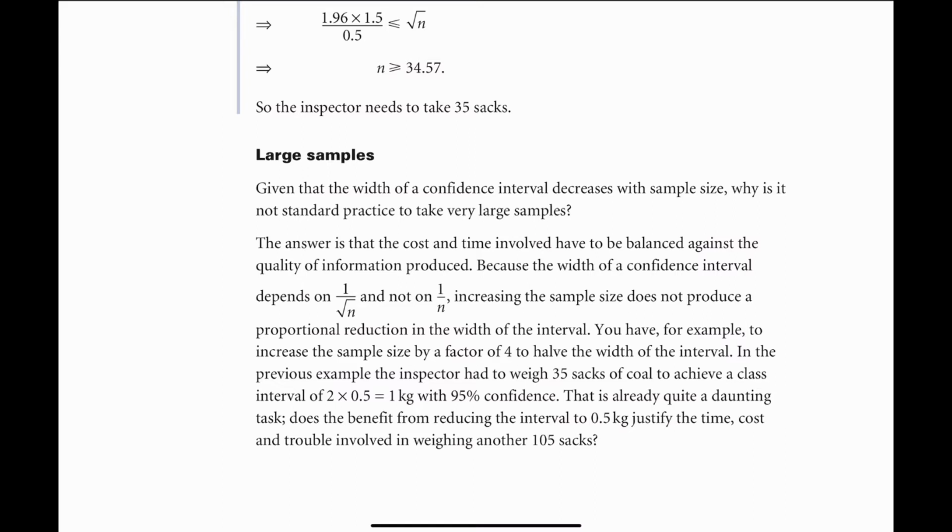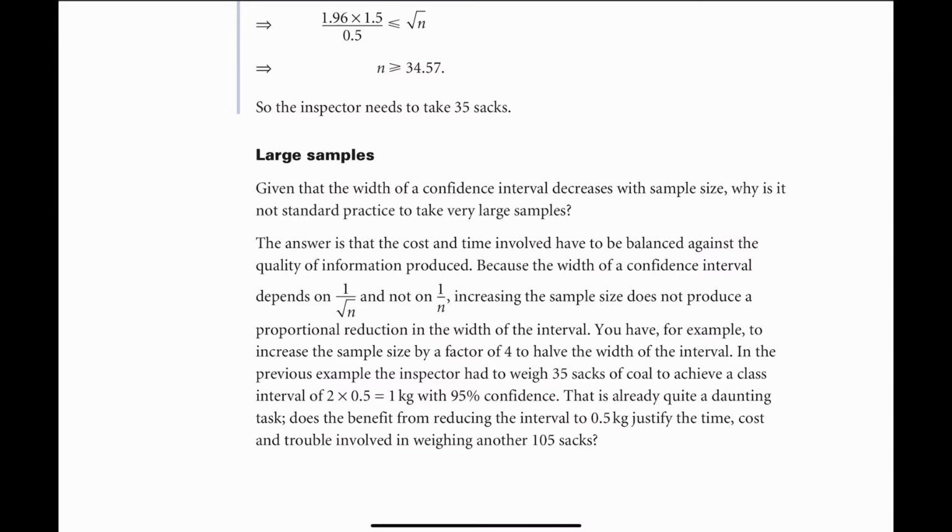tiny range. Okay? But there's a question which is basically saying, is it worth constantly getting larger and larger sample sizes to improve the accuracy? Because the increase of accuracy is related to 1 over root n, because n is your sample size, as that gets bigger, the overall thing is getting smaller.